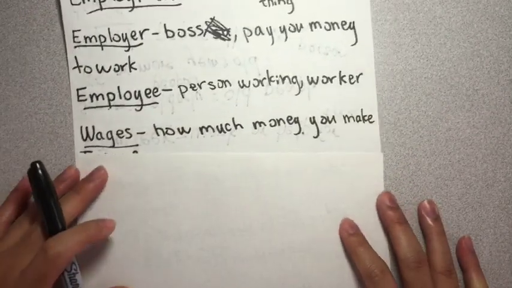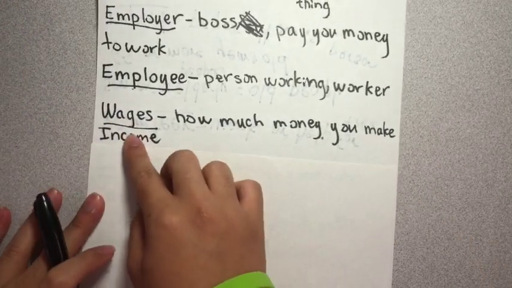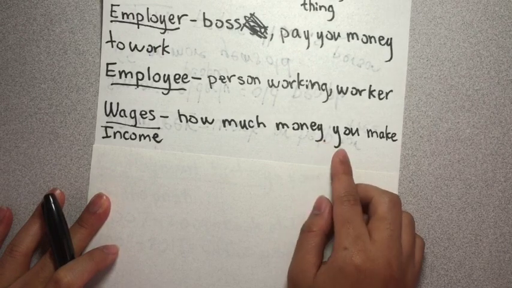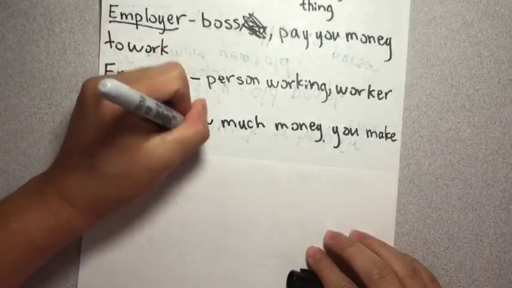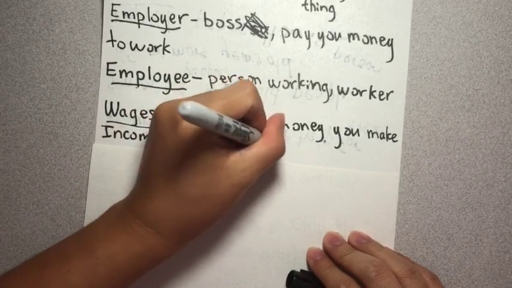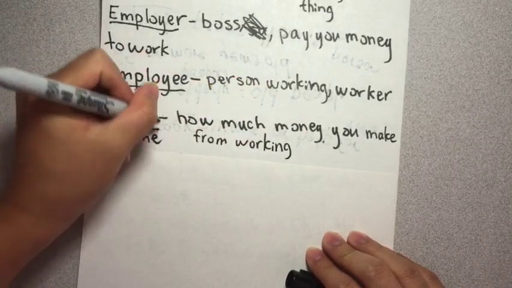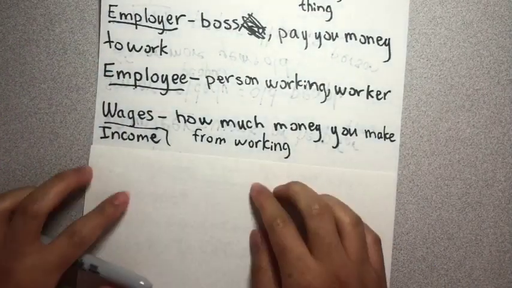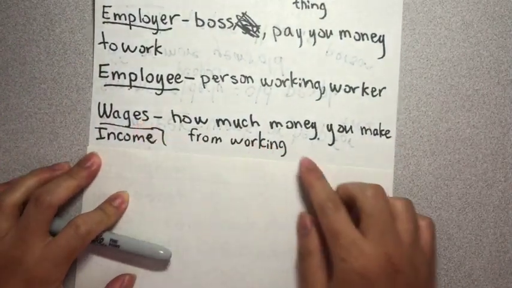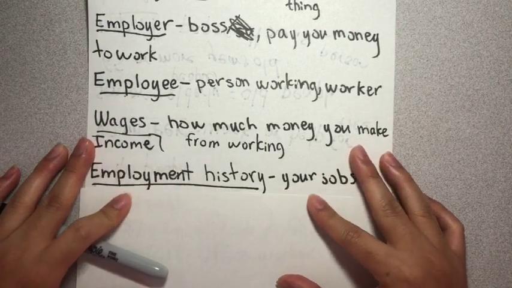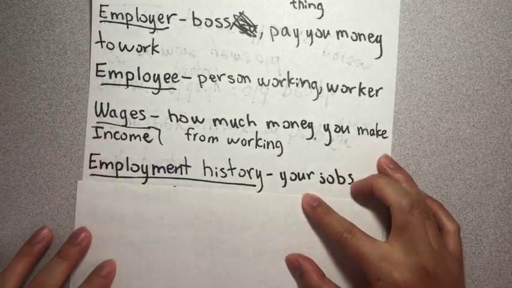All right, wages. Wages, or the word income, means the money you make from working. So your wages are how much money you make from work. Your employment history.